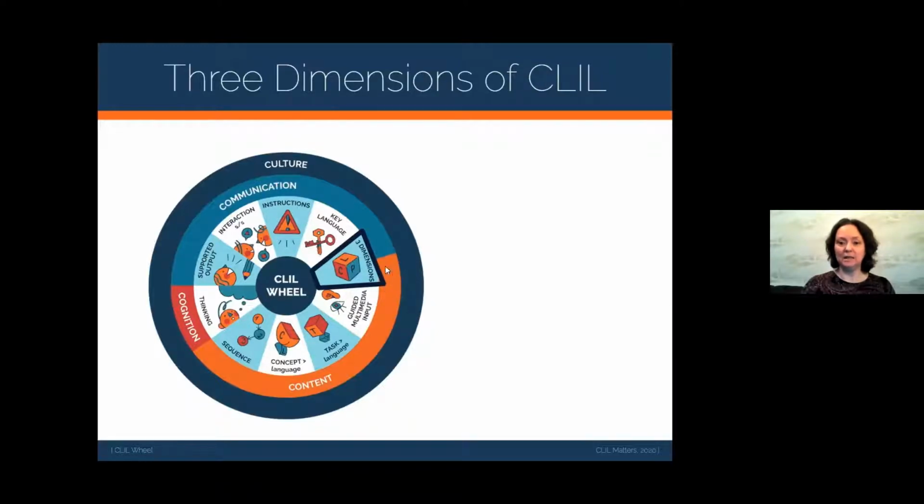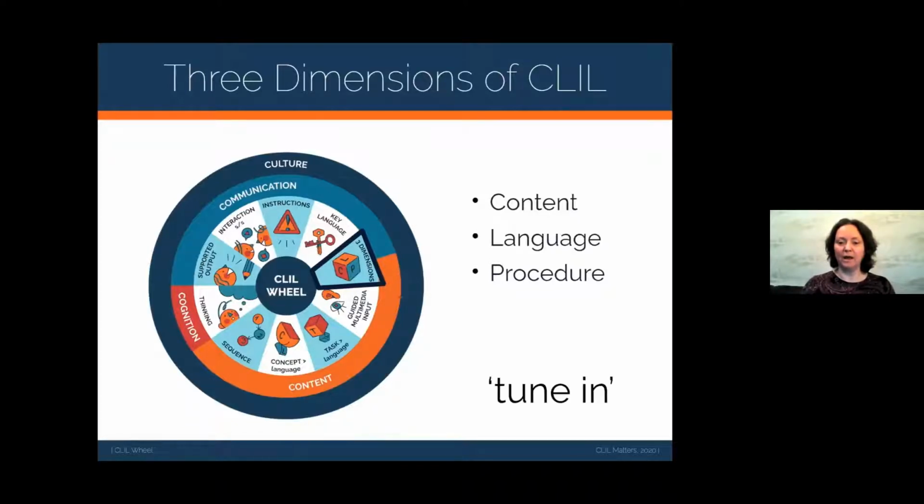As you see, this parameter goes between content and communication because those 3 parameters include content and language, and the third element is procedure. The most important thing here is that those 3 elements have to be tuned in, that is properly adjusted to the situation or to the student's level.